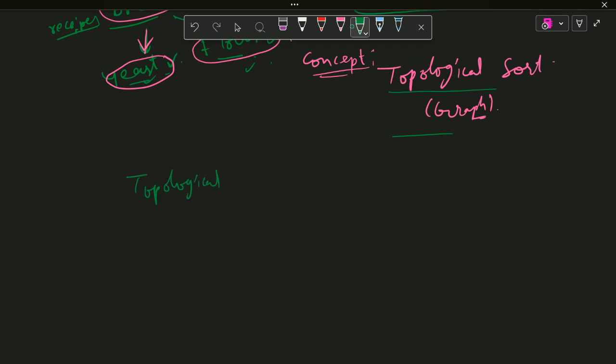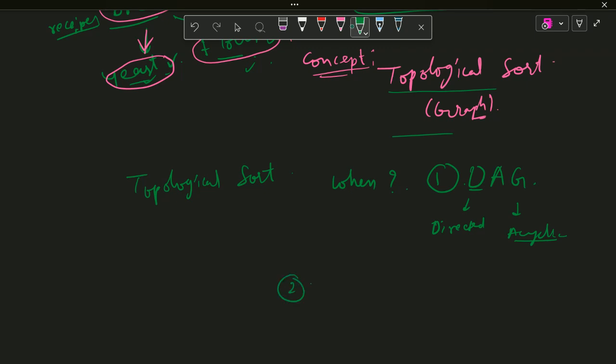When to use topological sort? When it is a directed acyclic graph. That means it should be directed and acyclic, that is, a cycle should not be contained.